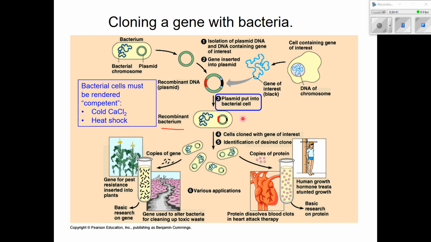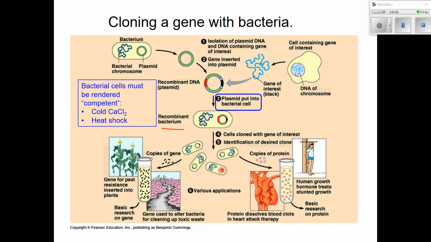And 20 minutes later, they're going to divide, and you'll have 4 bacteria that can make human insulin. 8, 16, 32, 64. It doubles every 20 minutes. So you can very quickly grow large quantities of these GMO bacteria, all of which will now make human insulin.